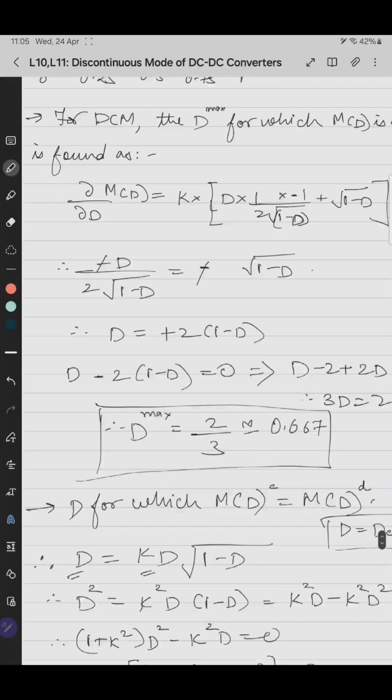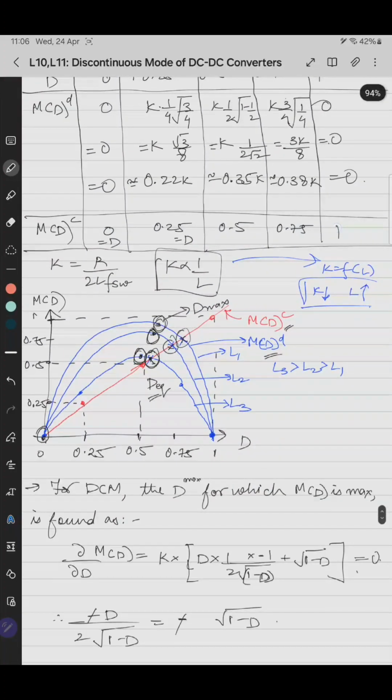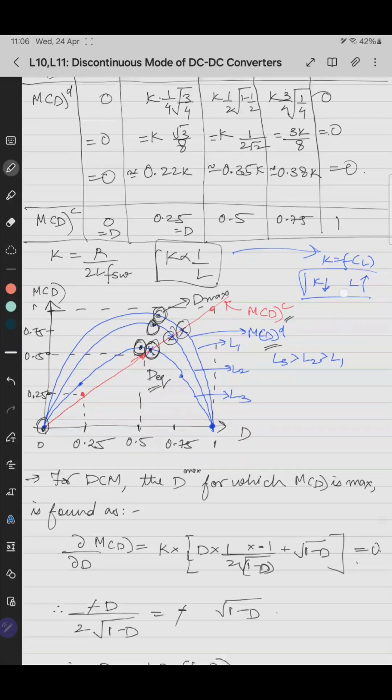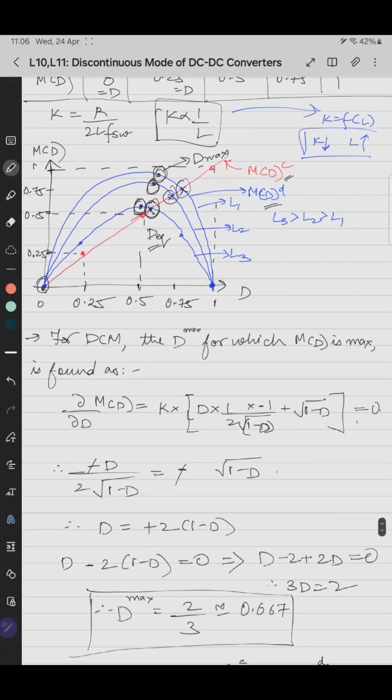You also observe one more thing, that the discontinuous conduction mode of operation for a buck converter will give more gain where D is between 0 to D equivalent for any load condition or any inductance. So here there are multiple graphs of M(D)DCM.